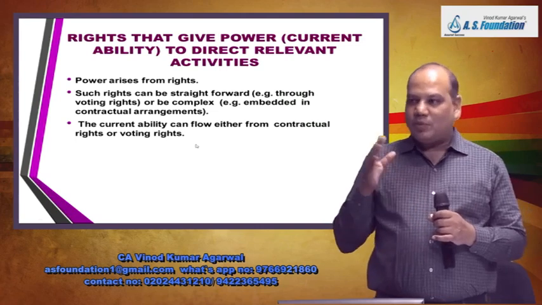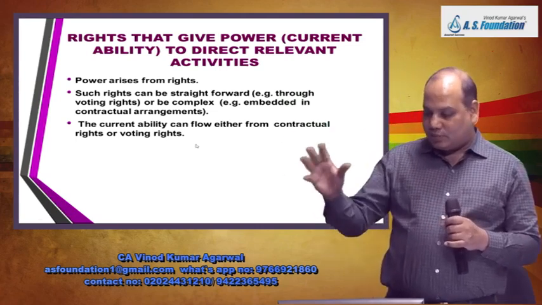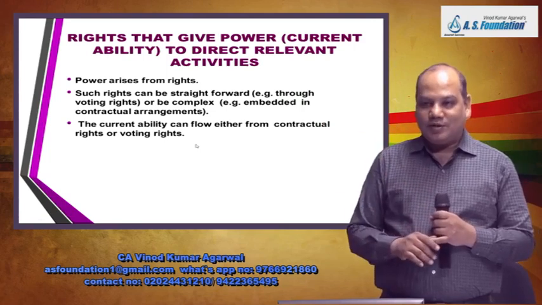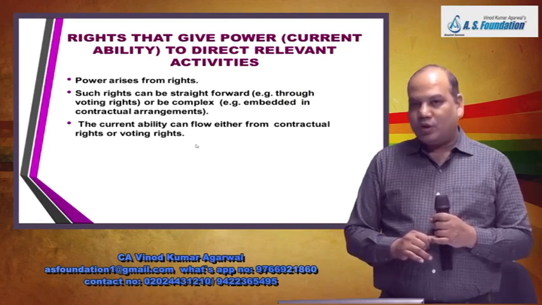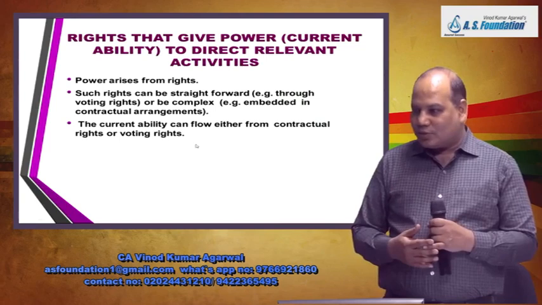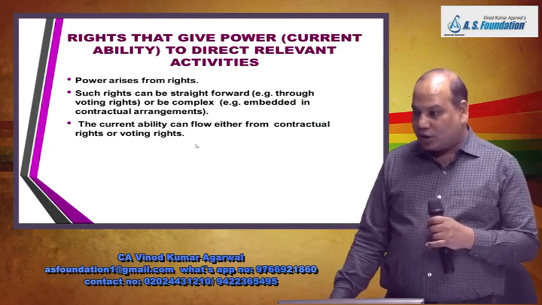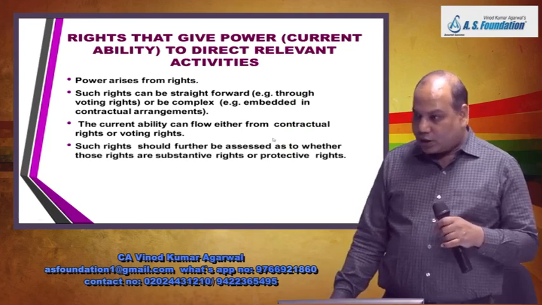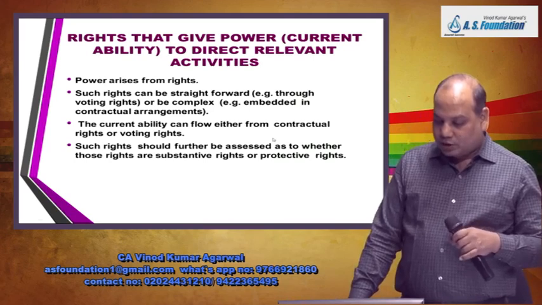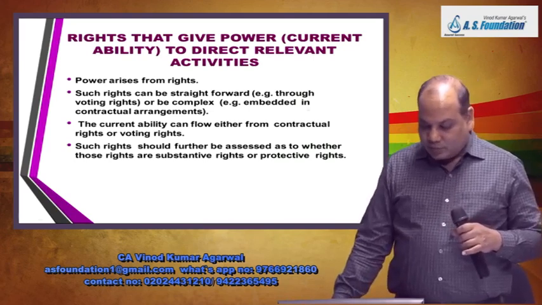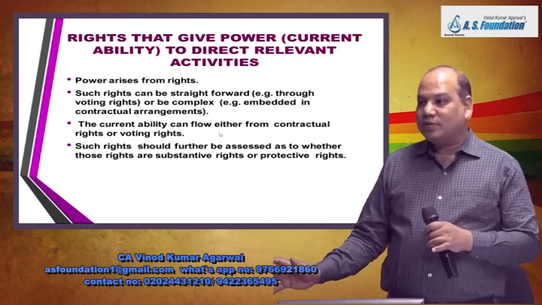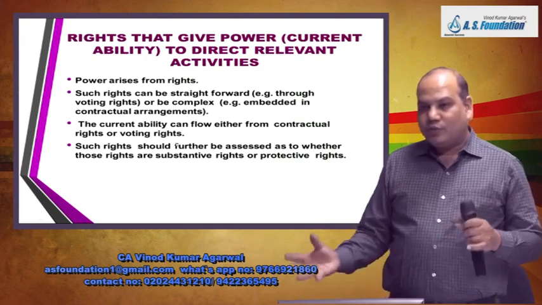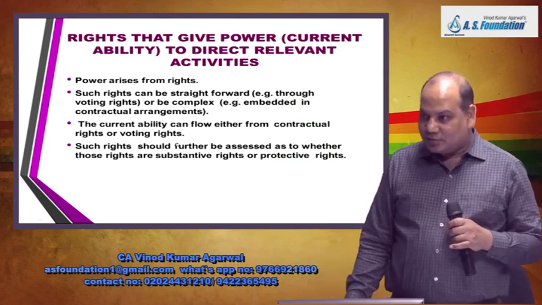Okay, although my stake will be 30% only, the entity will have 70%, but I will appoint 4 directors out of 6. Now, 4 out of 6 means you are almost virtually going to control that company. But that is through contract, not through voting power. Or any such example where the contract gives you the power to direct the relevant activities. That is why many companies prefer not to take money from others, because by giving control, you just have to follow their instruction. Is it right?